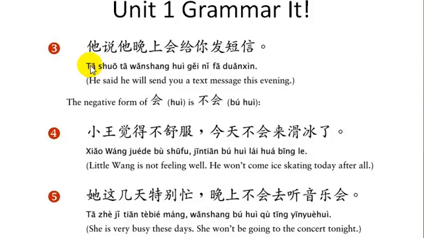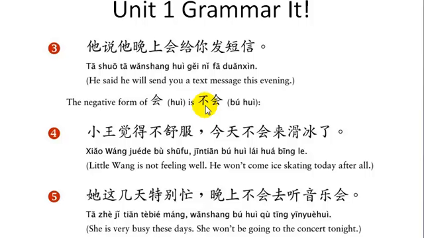Here are some more examples. 他说他晚上会给你发短信. Okay, so this person is indicating that he said that he will send you a text message this evening. And in the negative fashion, we use 不 to say will not, to say that something is not going to happen.